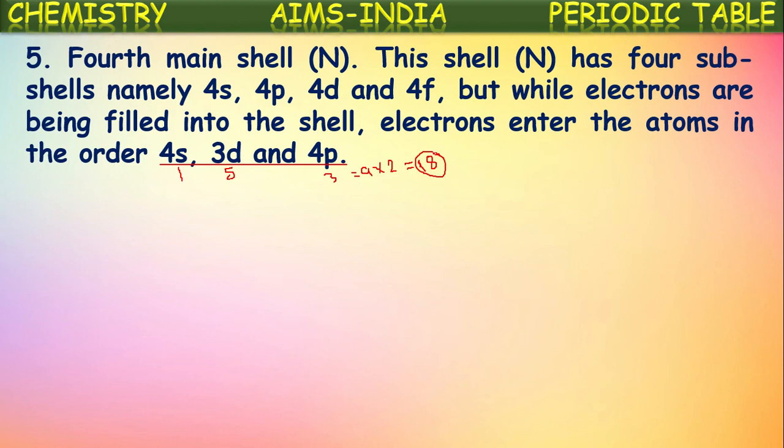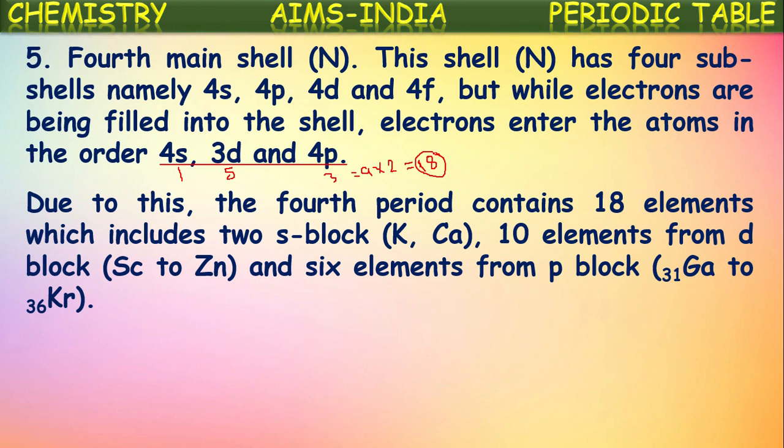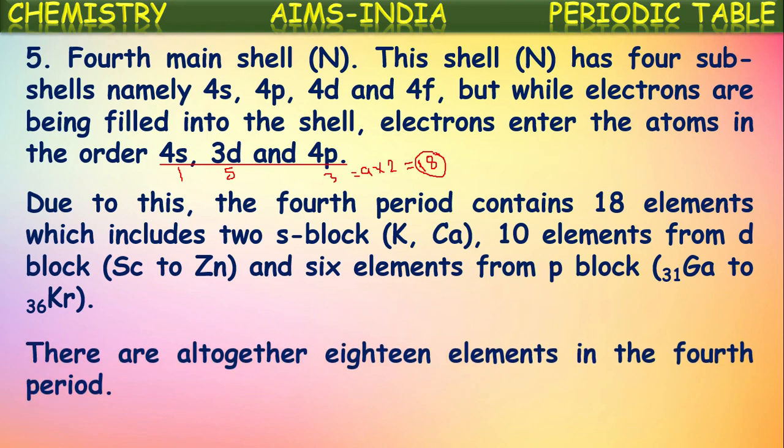So then 18 elements are present in the fourth period. Due to this, the fourth period contains 18 elements, which includes 2 s block elements, 10 d block elements and 6 p block elements. Okay. There are altogether 18 elements in the fourth period.